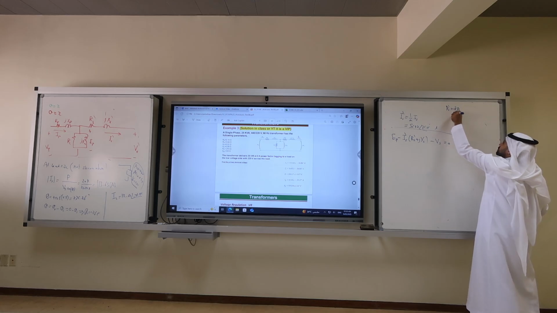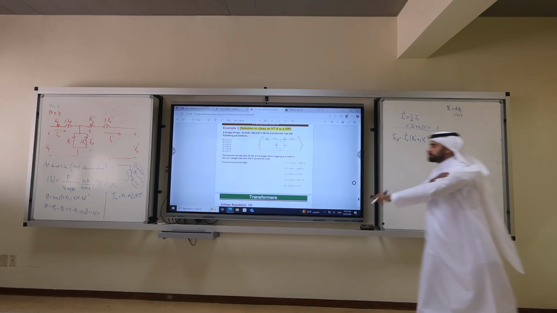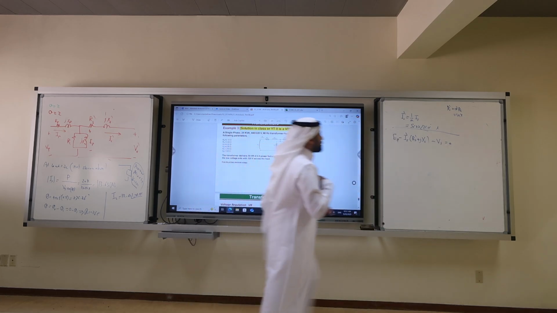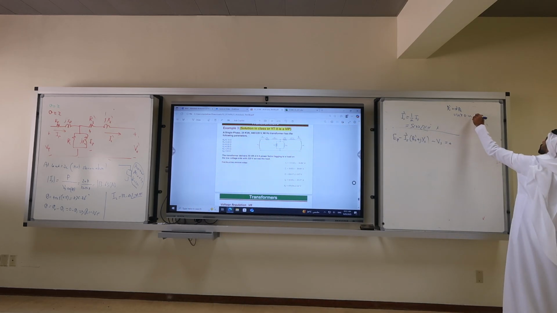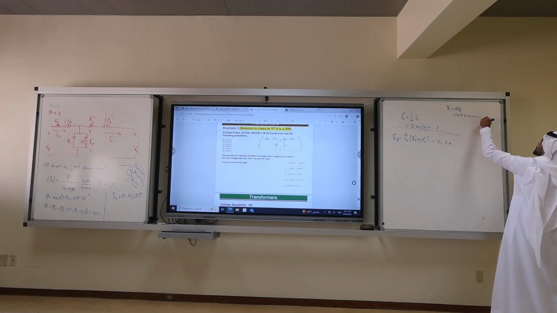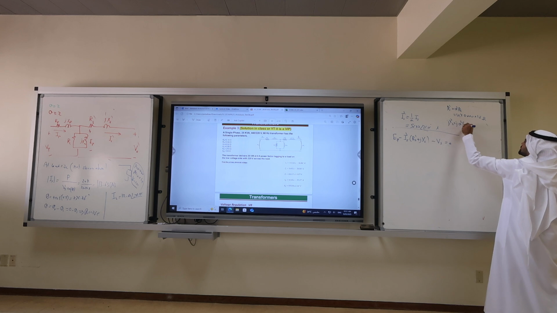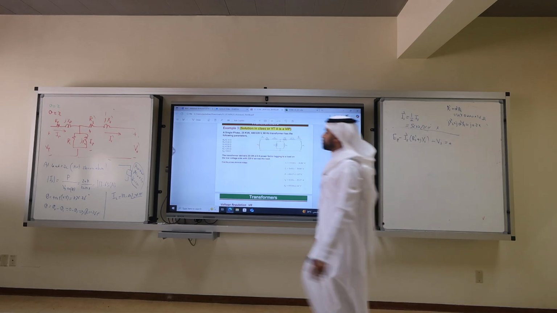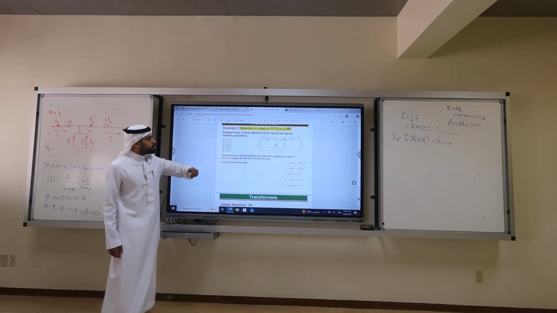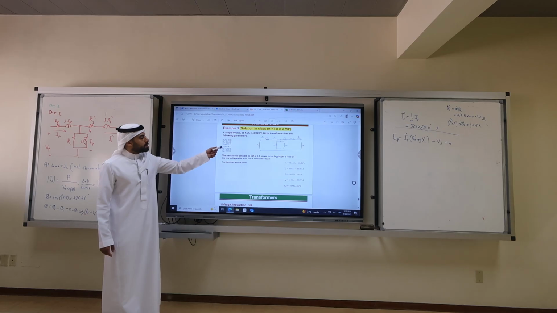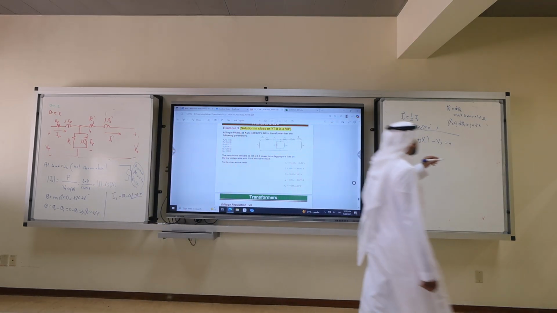A squared Rs, which is 4 times 0.04, which is 0.16. jXs prime is j times a squared Xs, which is j times 0.32. You do the math: it is 4 times 0.08.